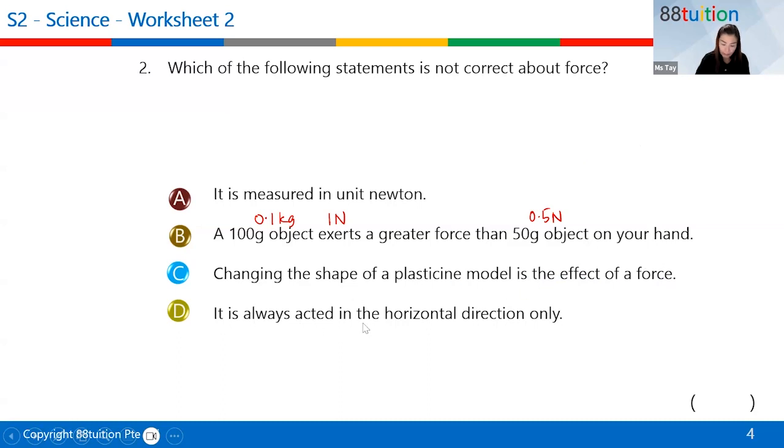Now, it is always acted in the horizontal direction only. Can you explain to me why this is not correct? I would like to see your responses in the chat. Okay? Why is this not correct about forces?